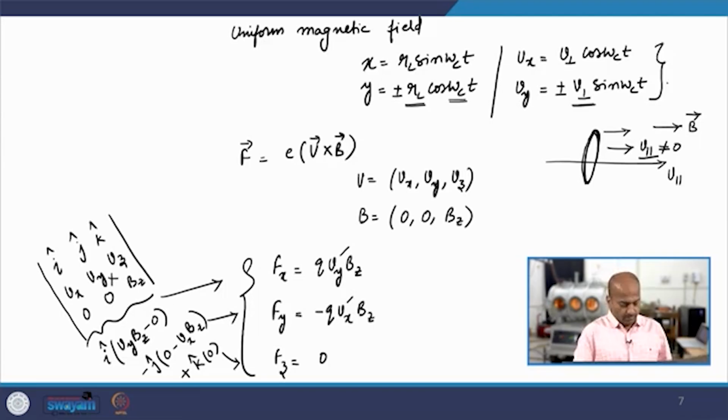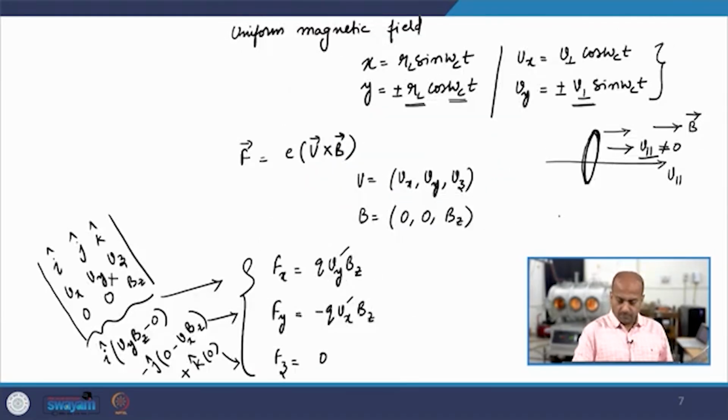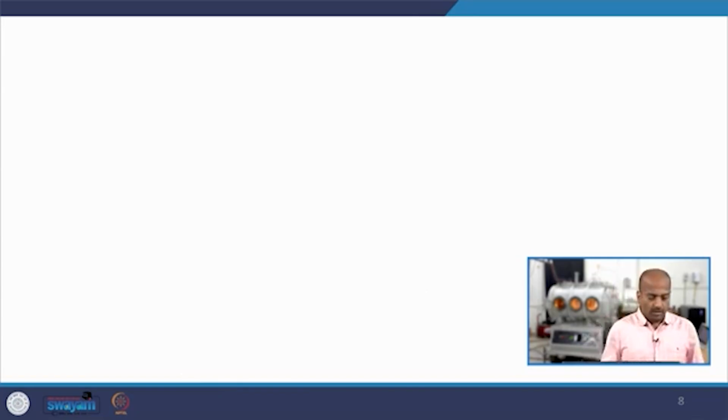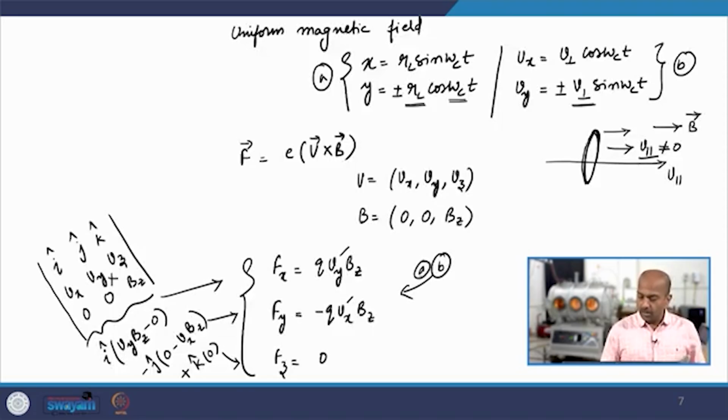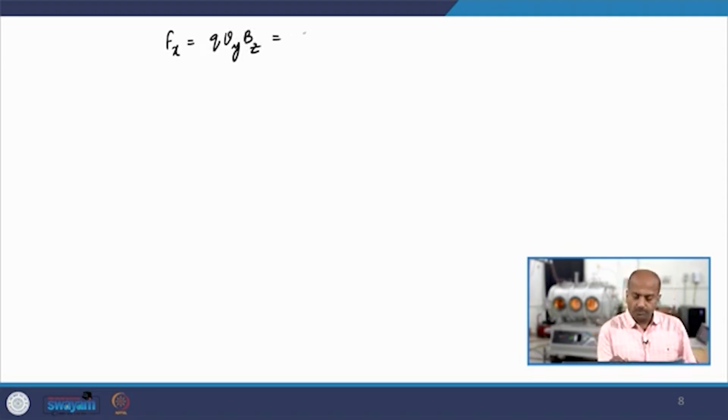Let us say we call this expression, which is an important expression, as 1, this as 2, this set of equations as A and this set of equations as B. So, we can use the set of equations B into this, and we can rewrite Fx as Q Vy Bz, which is equal to Q V perpendicular sin omega c t, since Bz has to be written as B naught plus y dou Bz by dou y.